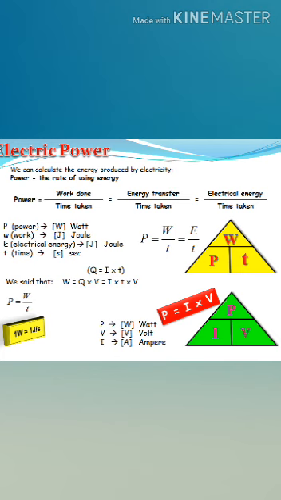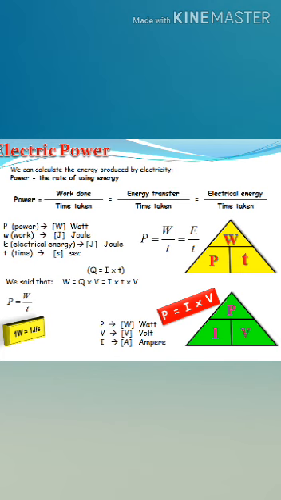Electrical energy is in joules, and P equals W by T equals E by T. W means watt, T means time, E means joule. We said that W equals Q into V equals I into T into V. 1 watt equals 1 joule per second.